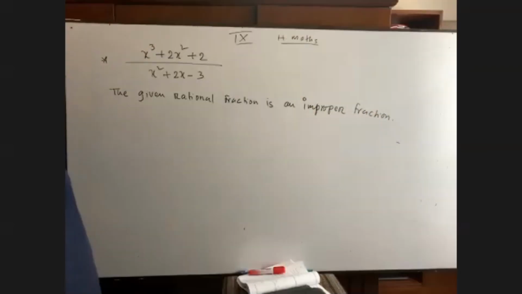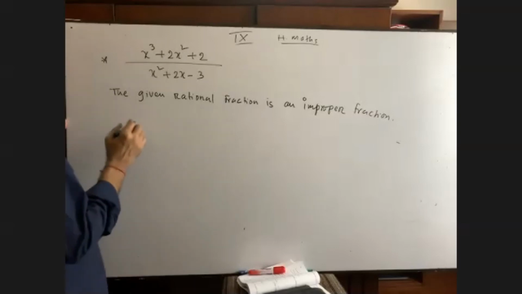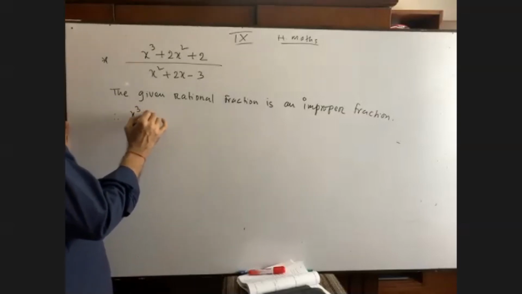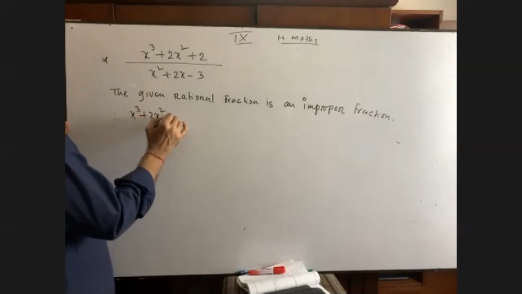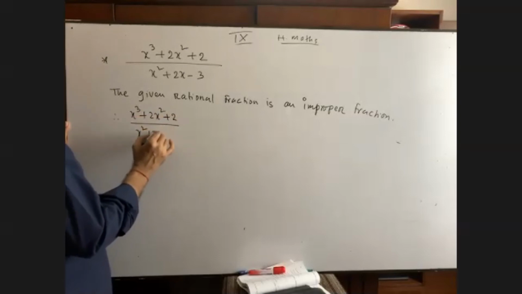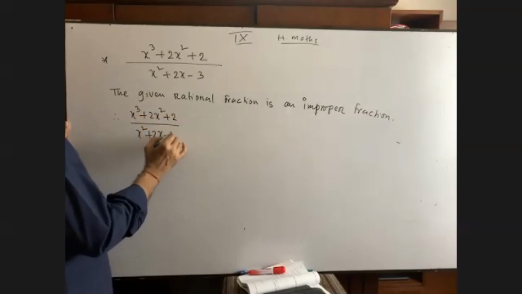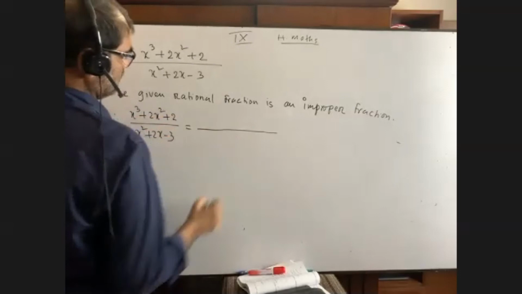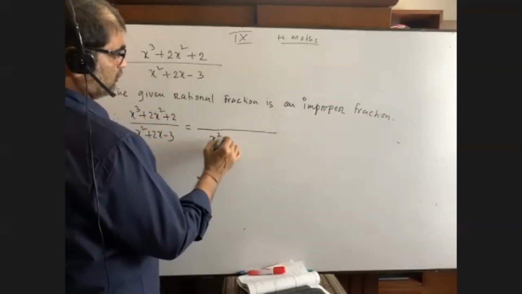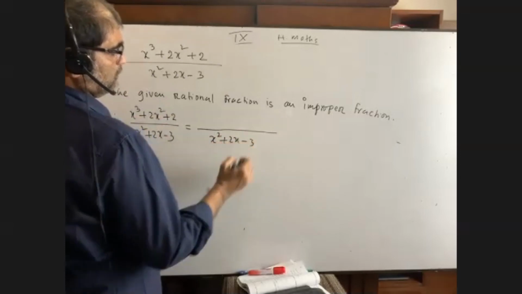Depending on power, it is 3, it is power 2. Then what would we do? Therefore, x cube plus 2x square plus 2 over x square plus 2x minus 3 is equal to what I told you that time. What is given in the denominator, you write down: x square plus 2x minus 3.